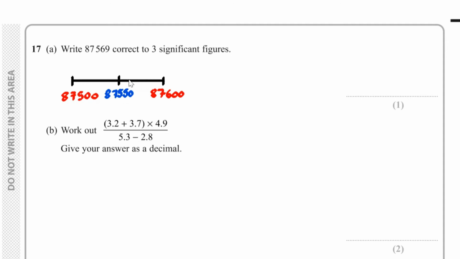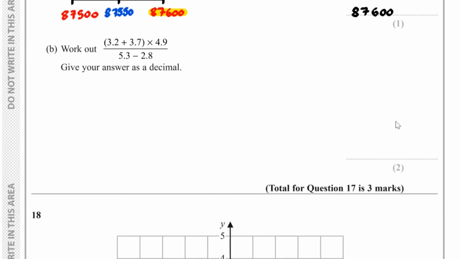Now our number is greater than 87,550, which means we would have to round up to 87,600.